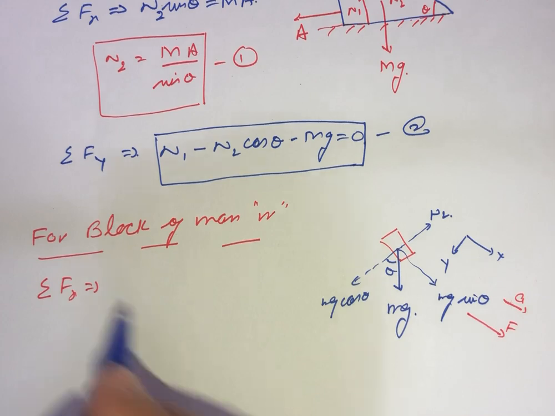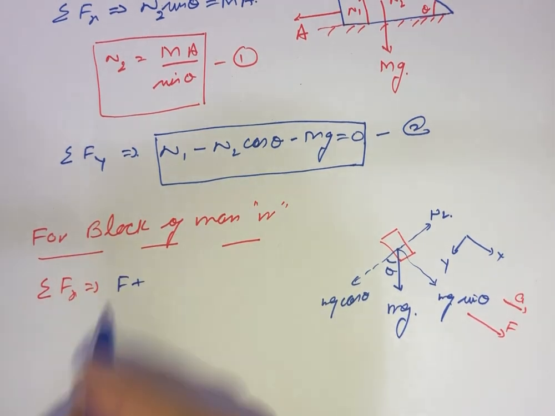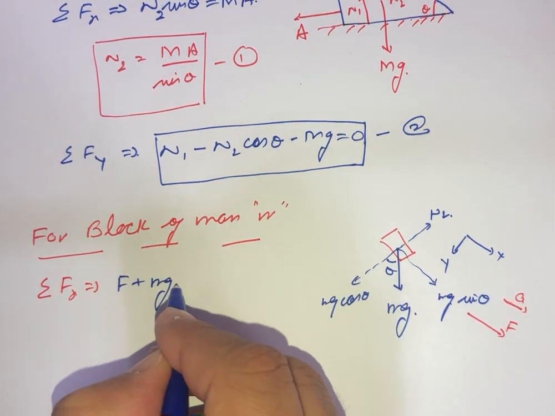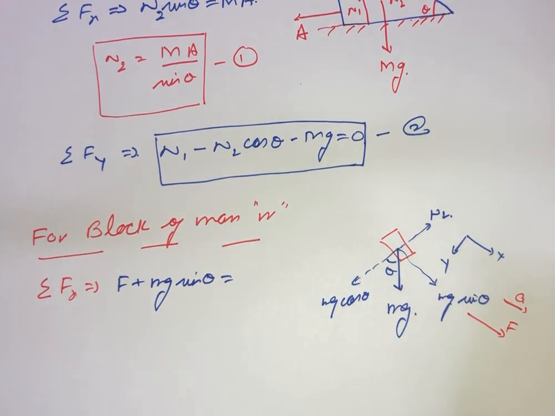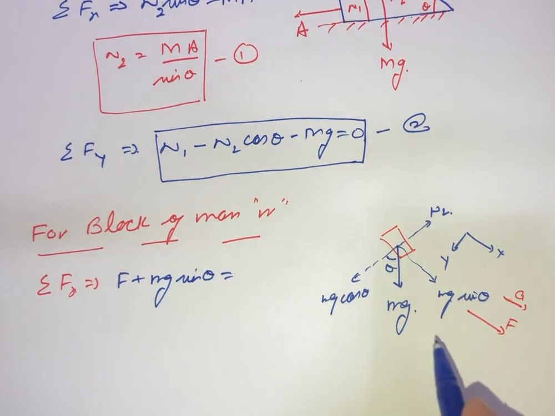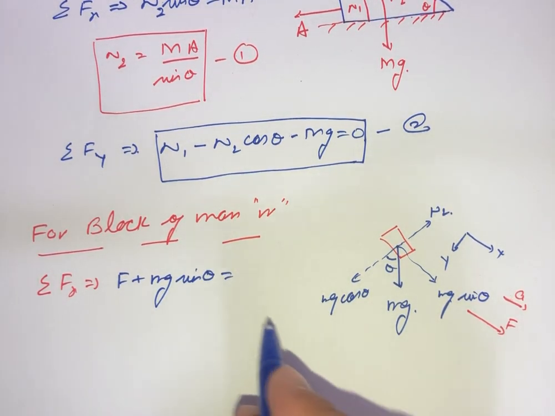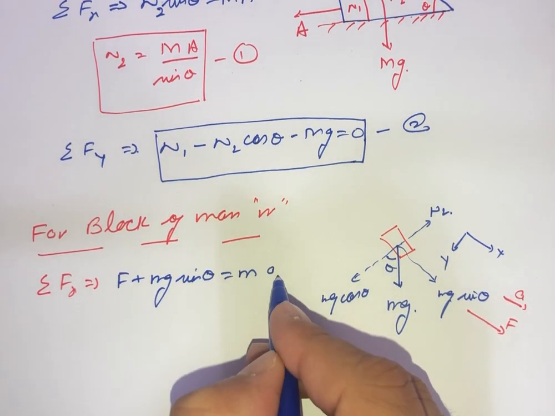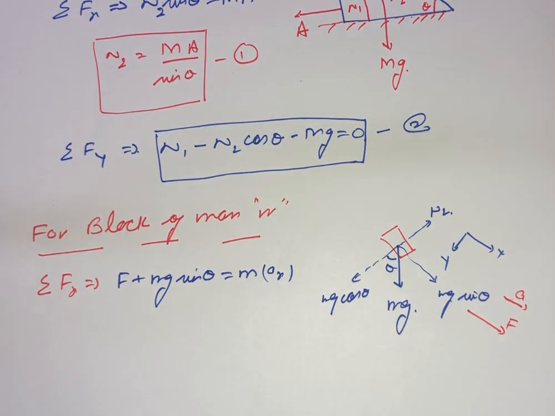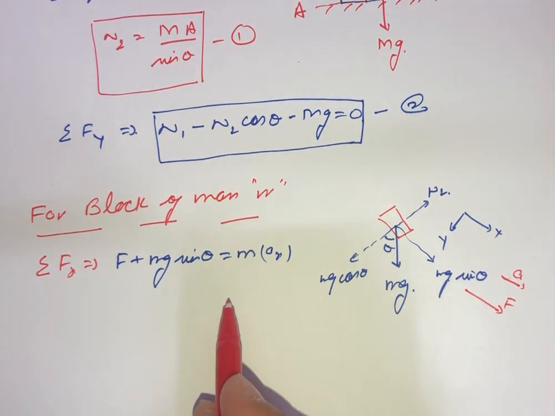So we have F plus mg sine theta, and that will be equal to m times the x component of the acceleration, and we already know the x component of the acceleration.